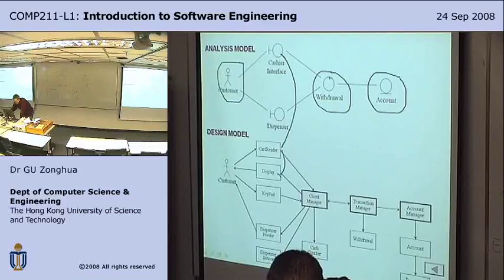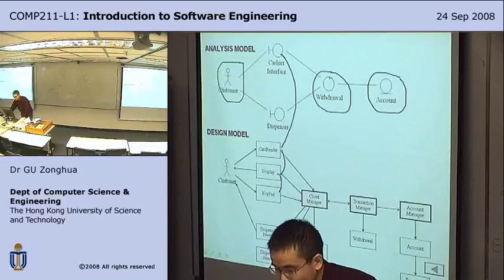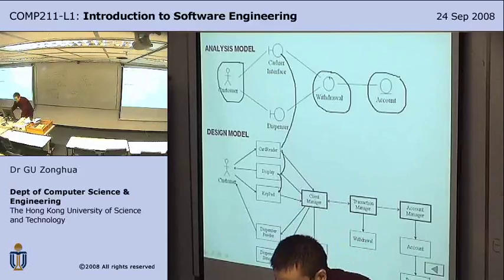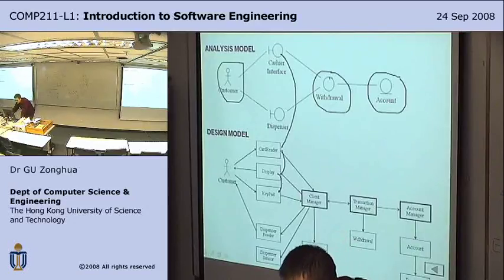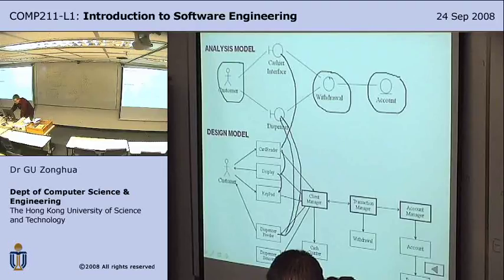A card reader, where you insert your ATM bank card and it reads your card. A display asks you to input some options, and keypad where the customer can use to input options. And dispenser, that is the cash dispenser, gets refined into 2 classes: dispenser feeder and dispenser sensor.